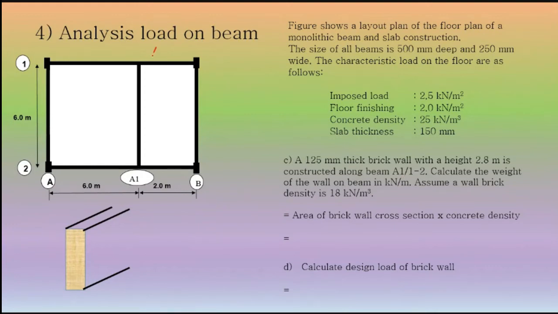Again, on the same beam there is a brick wall, with thickness 125 mm. Let me sketch this. The height of the brick wall is 2.8 meter. Wall brick density is 18 kN per cubic meter.